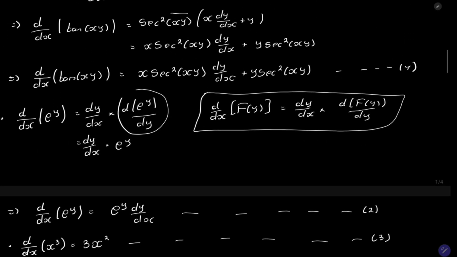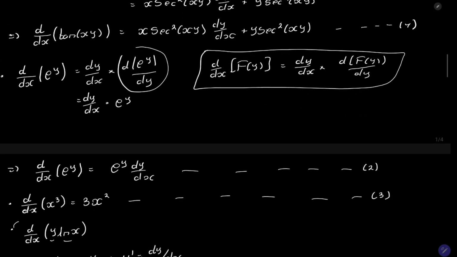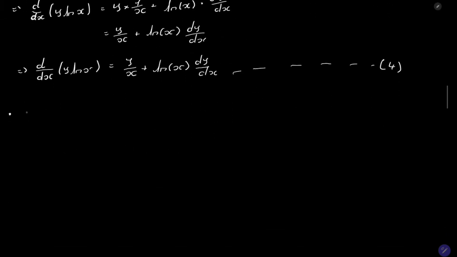Our first term is x sec squared xy, dy on dx, with braces, x sec squared xy dy on dx plus y sec squared xy.